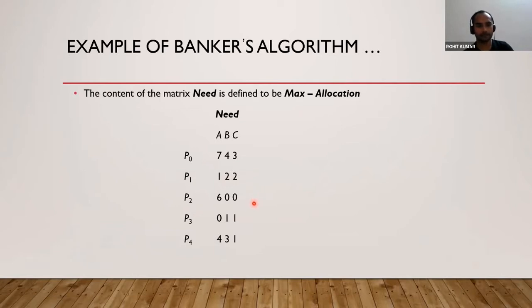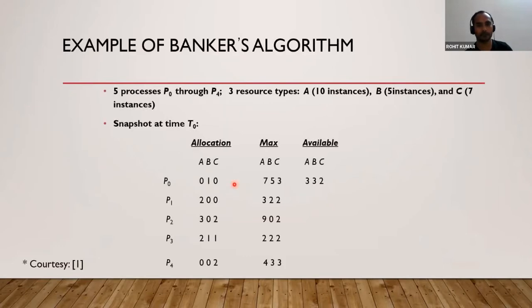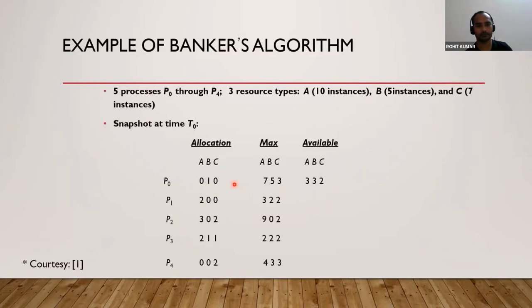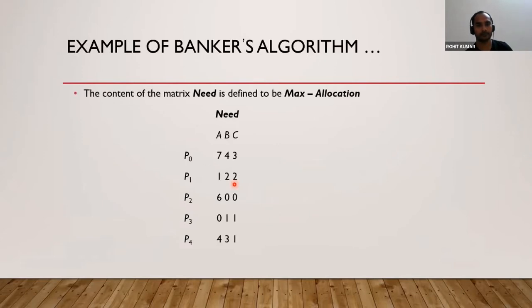Now see here. After 5, 3, 2, you cannot complete the requirement of P0.